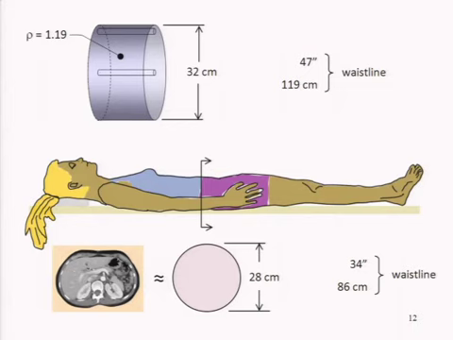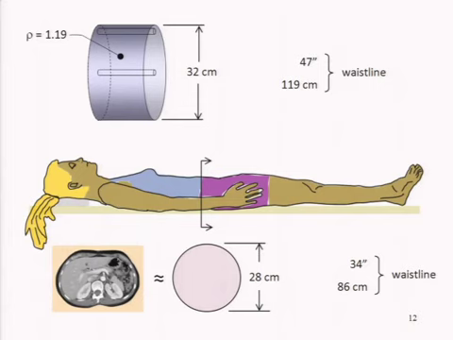In California, I did a study, and it might be a little bit smaller than elsewhere because of a large Asian population in my community, but the average effective diameter was 28 centimeters compared to the 32 centimeters, which is really closer to a much larger individual because of the high density of PMMA relative to water or tissue.